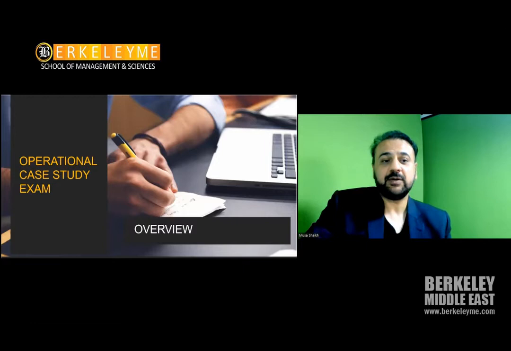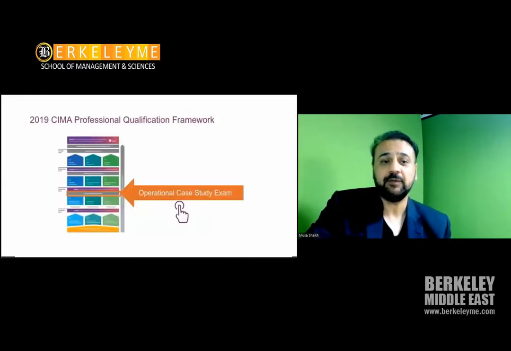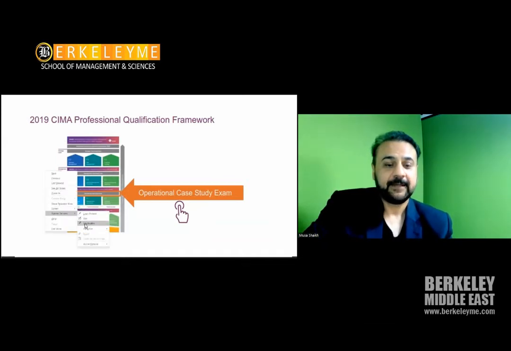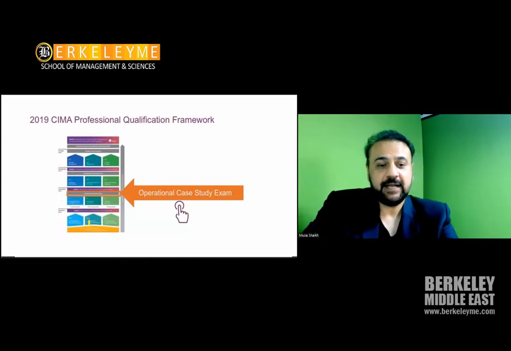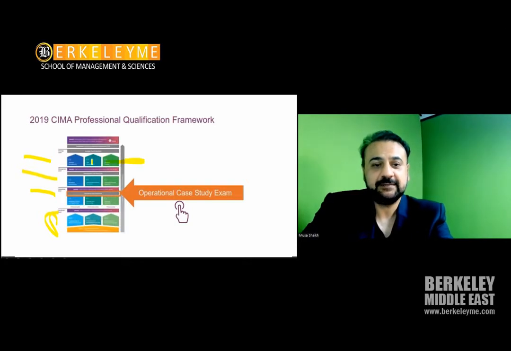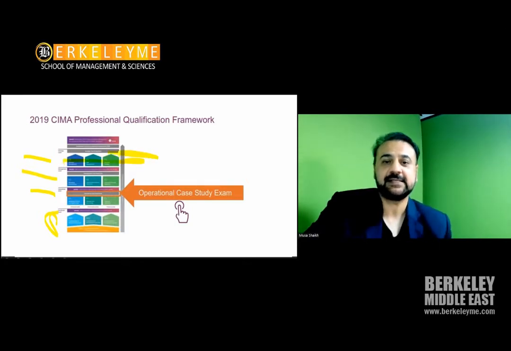So we will start with the operational case study, and we will move towards the CIMA professional qualification framework. Right on your screen, you can see the levels. Every level has 3 exams and is topped up with a case study.